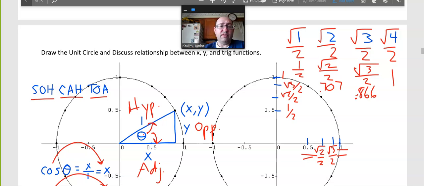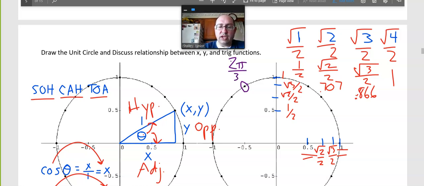I know this is a longer video, but I really needed you to understand this. Before you can even get into understanding the trig values, you've got to see a visual of how the circle works, how you can count around the circle in increments of pi over 6 or pi over 4, and where these numbers, 1/2, radical 2 over 2, radical 3 over 2, and 1 are coming from. So if I randomly give you this spot right here and say, oh, that's 2 pi over 3, and I ask you, what's the cosine?